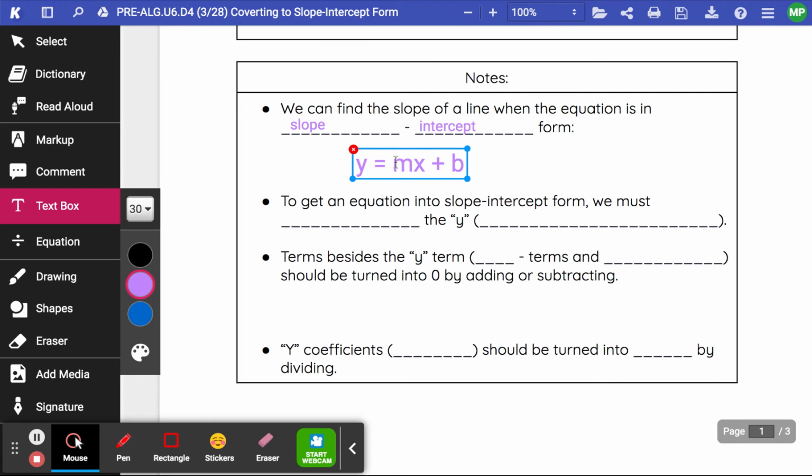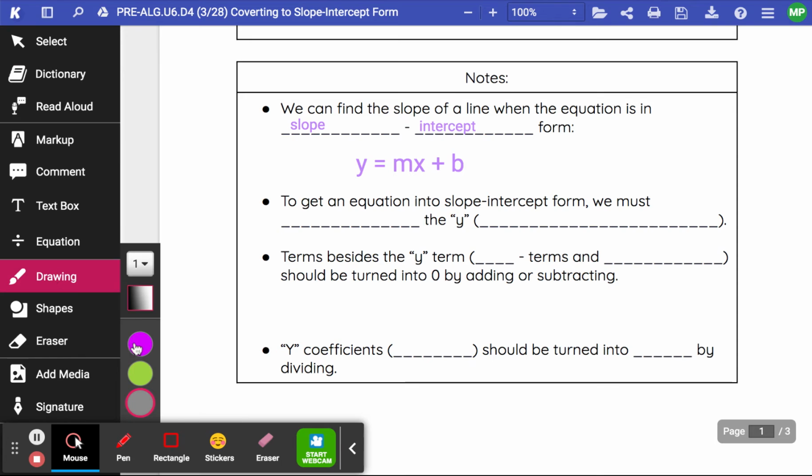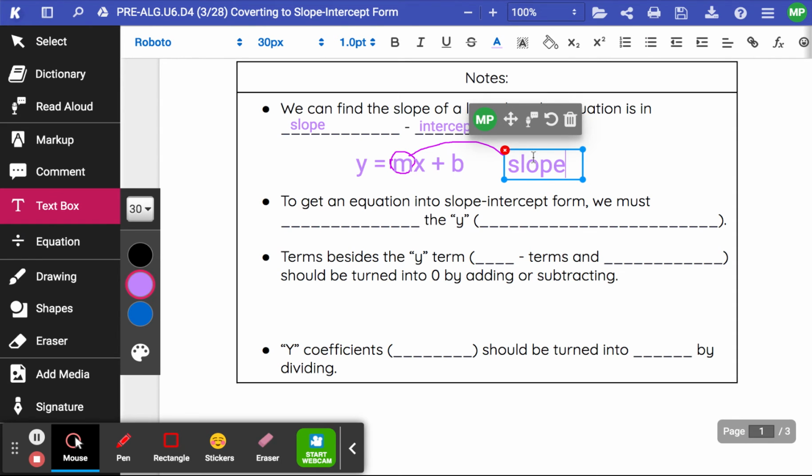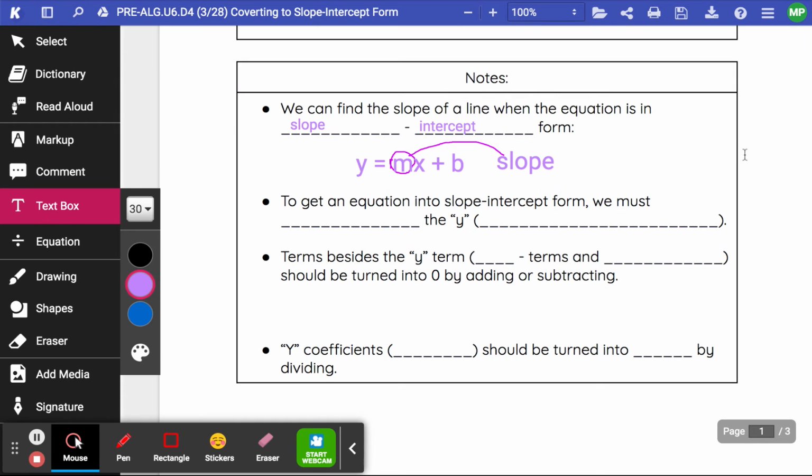And I want to note that the m here, that is our slope. Okay, the m is our slope. And the reason that the m is going to be our slope is because it's the number that's going to be multiplied times x. Our m is our slope because it's multiplied times x.